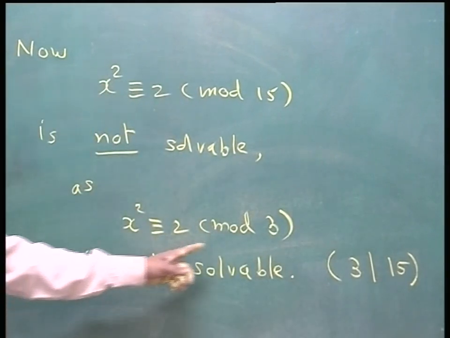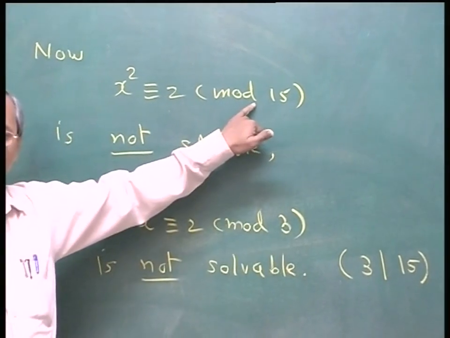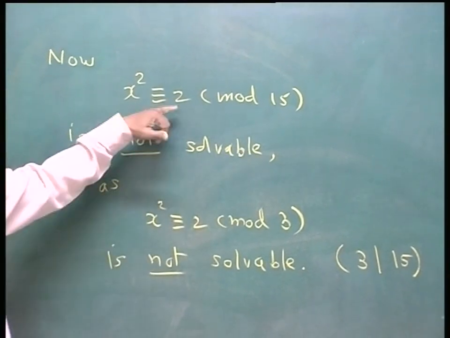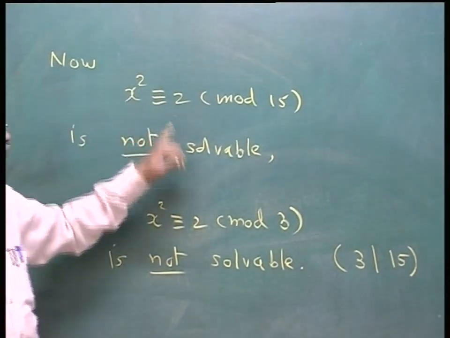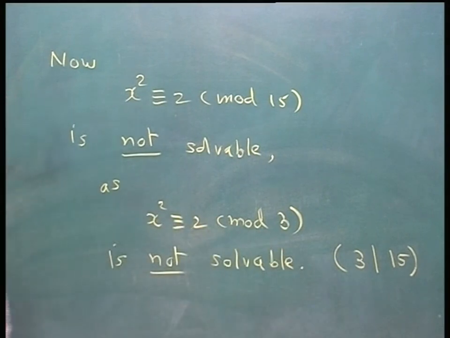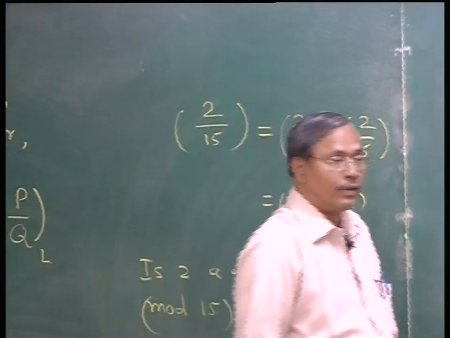Because this is not solvable, this cannot be solvable. Any solution, suppose a square congruent to 2 mod 15, a square will be congruent to 2 mod 3 also. That is not possible. So sometimes this Jacobi symbol may give you some misleading result.